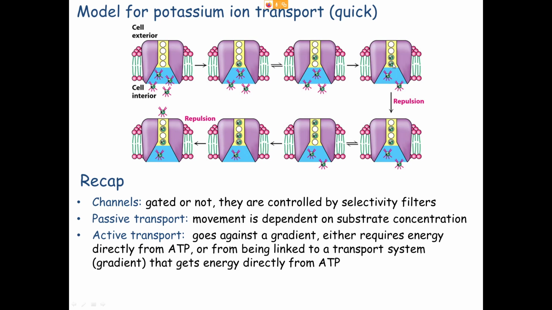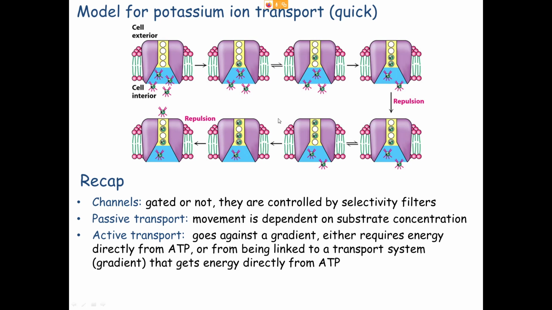These 2 potassiums next to one another, again, not favorable, so one moves down even further. And this process continues where more potassiums hop in the channel lined by these carbonyls until one is expelled from the other side. And then more can continue to come in the first side. This will continue as long as it's going down its gradient.